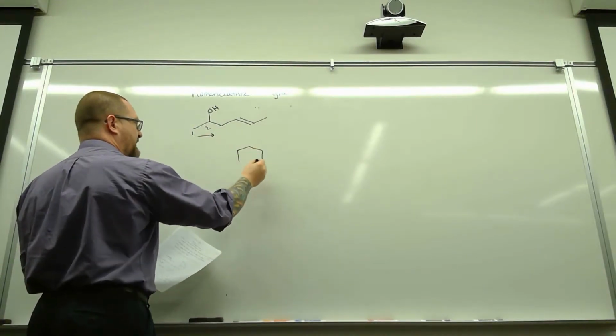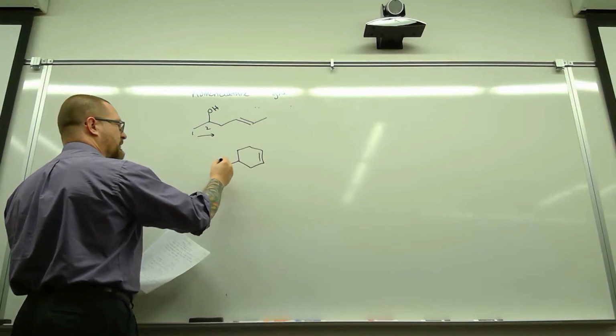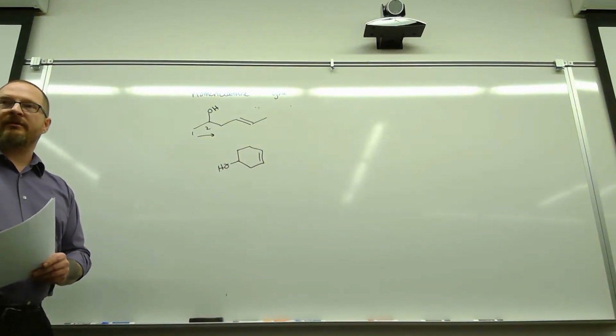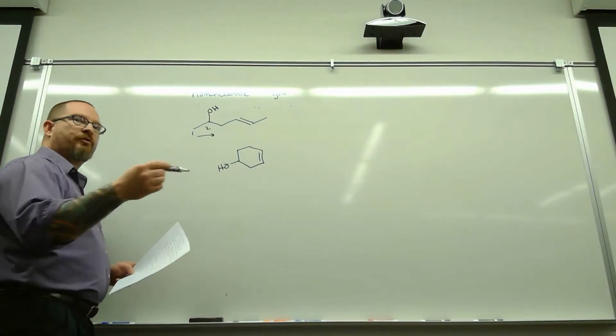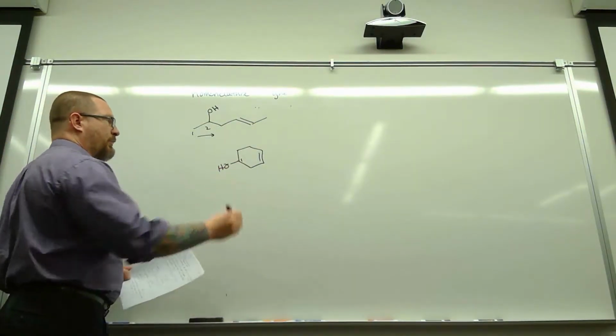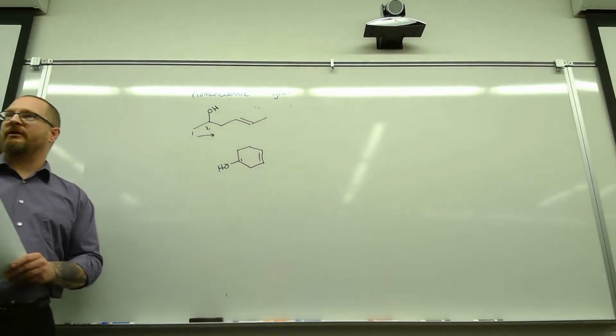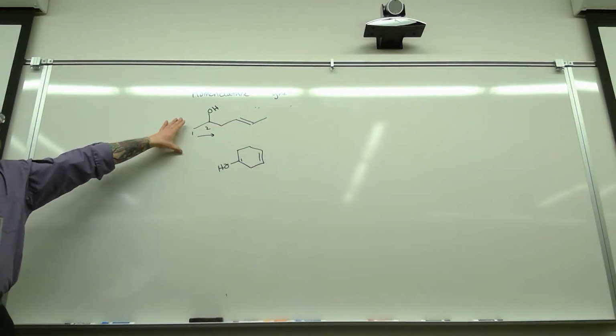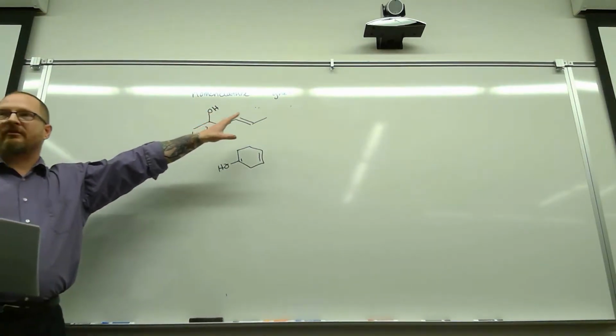Additionally, let's say we had something like that on the ring. The highest priority functional group on the ring is automatically going to be the one on carbon one of the ring. So we're going to be naming this as an alcohol because it has a higher priority than the alkene.